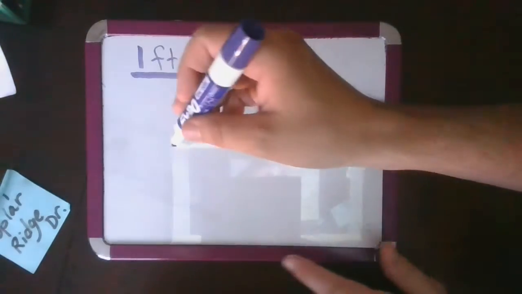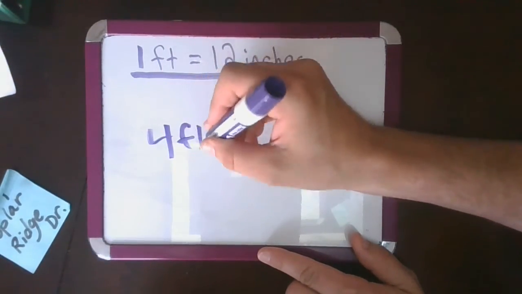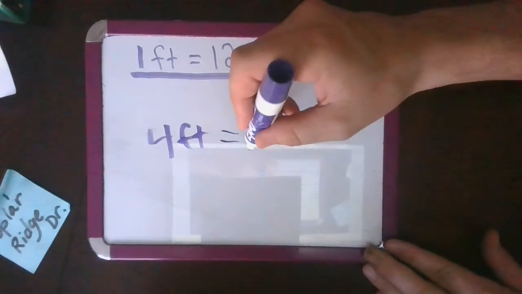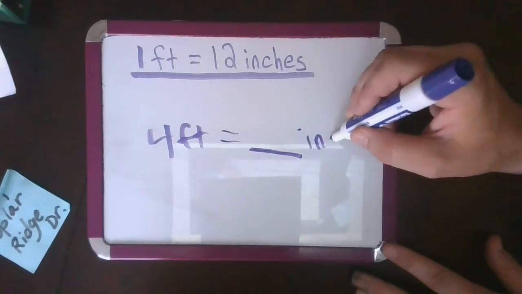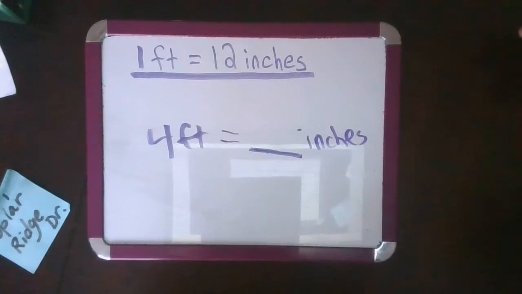So let's say, for example, that I'm changing 4 feet, and I want to know, hey, 4 feet is exactly how many inches? That's a standard problem, something you might have to figure out in real life. 4 feet is equal to how many inches?